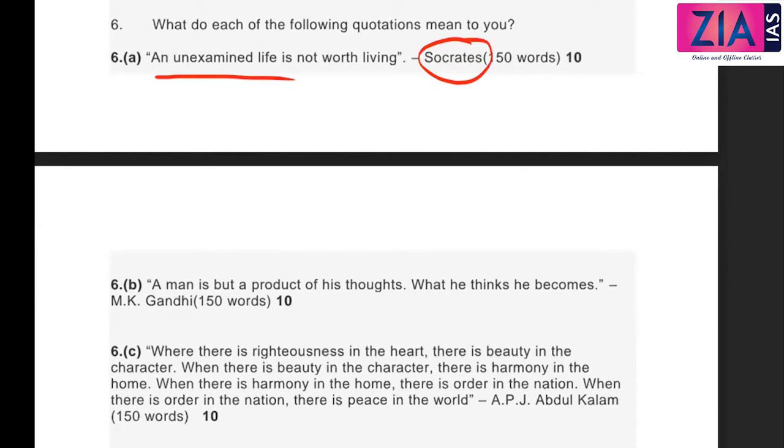Unexamined life means you're not doing anything, you are not even looking back at what all things you have done. Even in your case also, you are studying, but you are not examining what you're studying. Is that going in a good way? Are you able to score the marks in the mock test? Why this mock test and all? For the examination, no, whatever you're doing is correct or not. So you are not scrutinizing the life. If you're not scrutinizing the life, it means whether what you have done in all these years is correct or not, right?